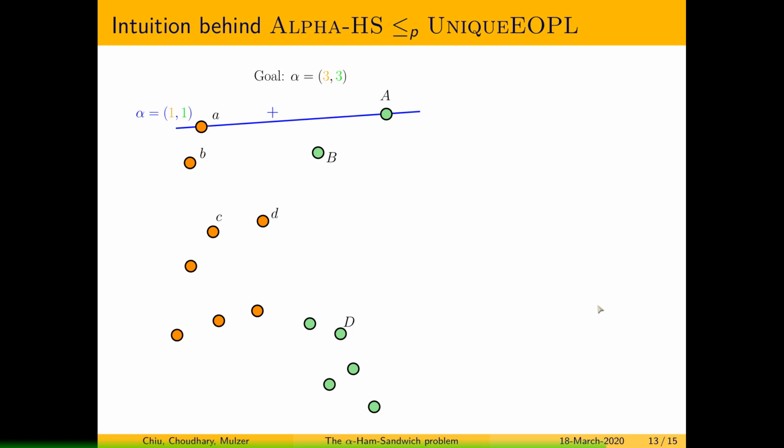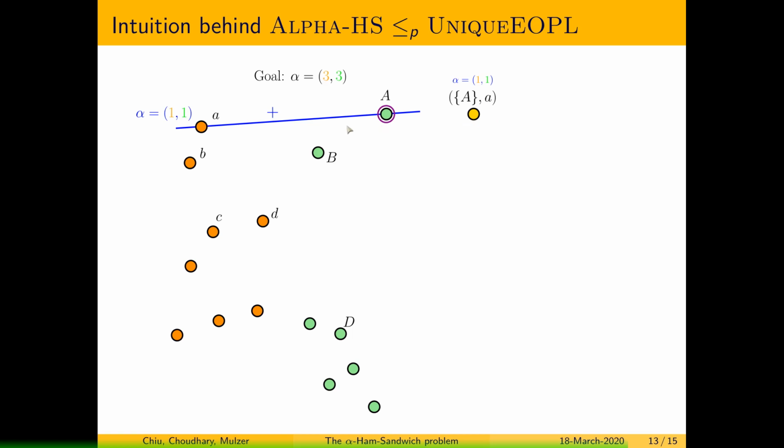And suppose we are also given a tangent hyperplane. What I want to do is increase the alpha for the orange points first until it reaches 3, and then I want to increase alpha for the green points. So I pick this point, make it an anchor.